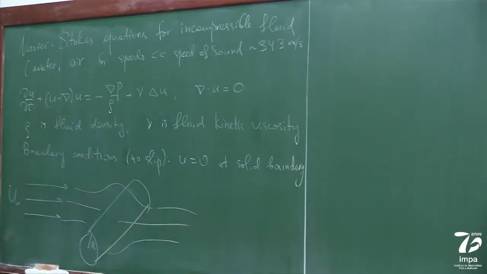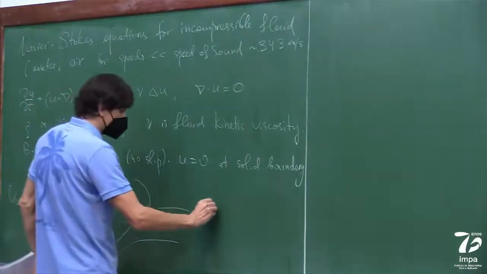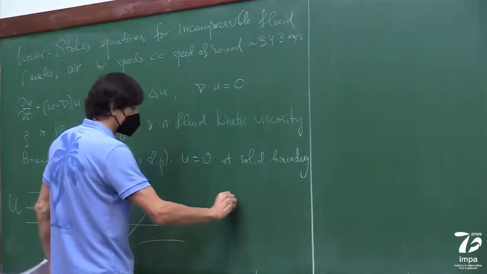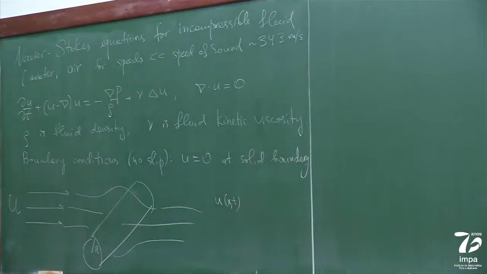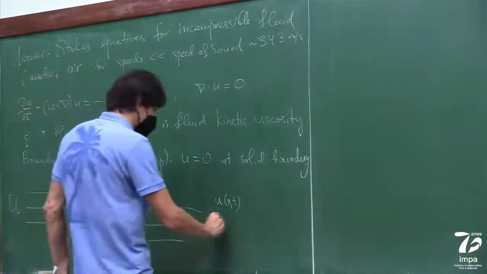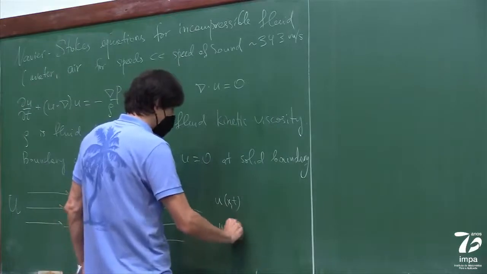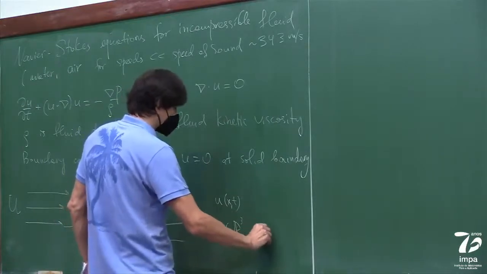Something like this. These are streamlines, so the wind goes around the cylinder. Its dynamics is described by this function, the speed as a function of coordinates and time. In this picture the speed is 3-dimensional, and the coordinates are 3-dimensional.